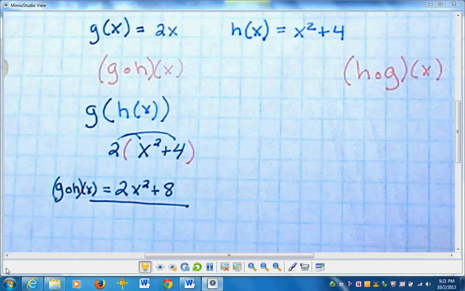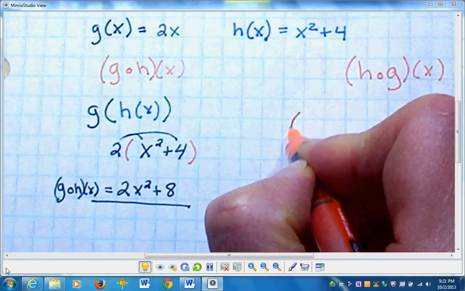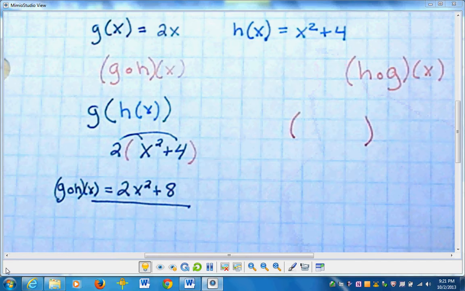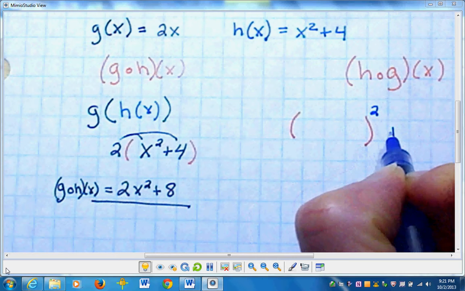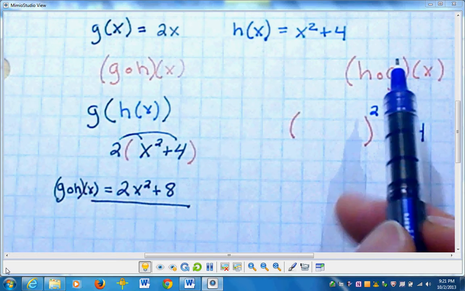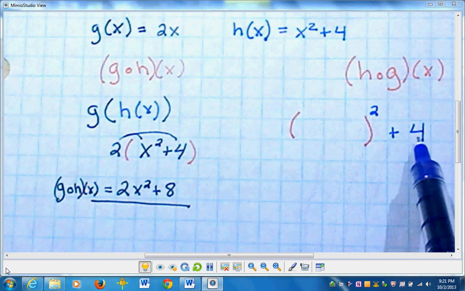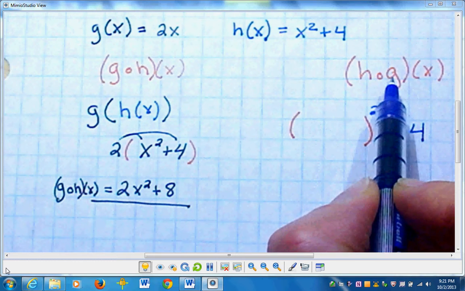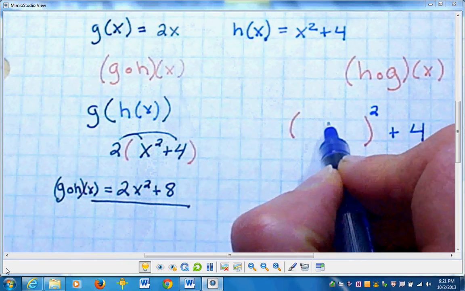So that means I'm going to have x squared, but instead of writing x, I'm going to do big parentheses because that's what I'm going to shove inside my function right there. So this is x squared, big space squared, plus 4. So what I'm putting inside is my g function, which is right here, which is 2x.